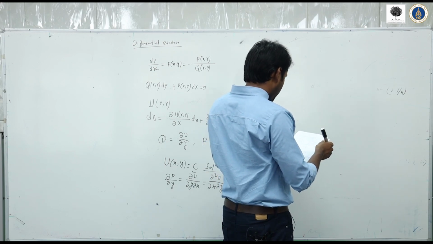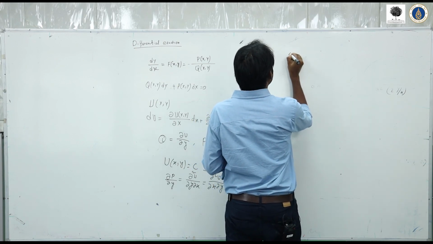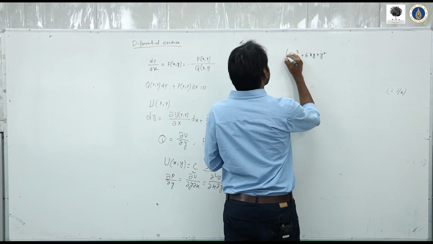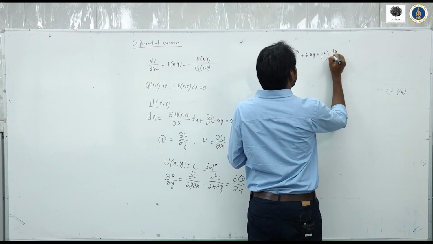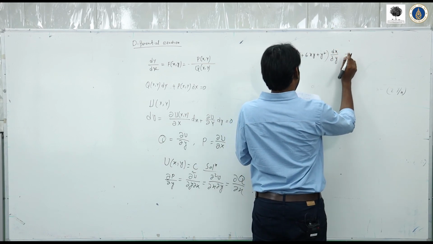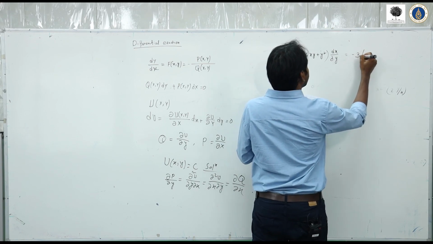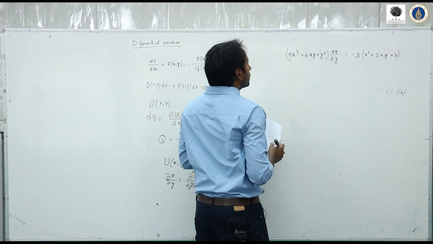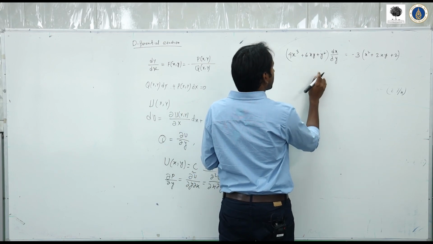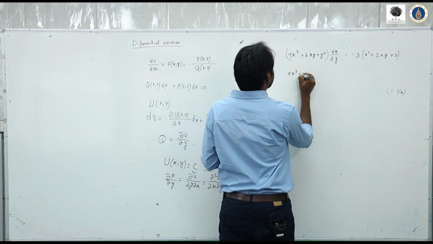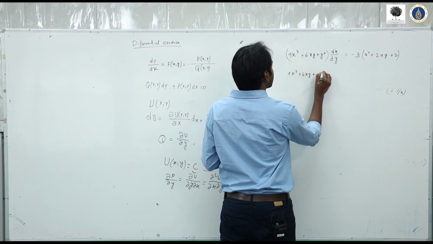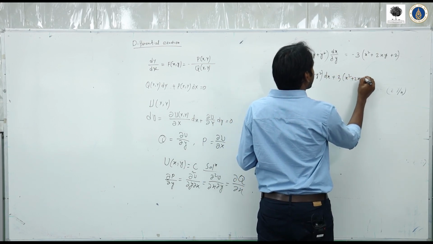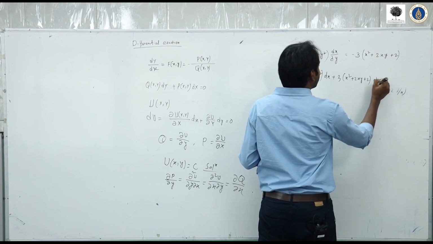So suppose I have this differential equation: 4x cube plus 6xy plus y square dx plus 3x square plus 2xy plus 2 dy equal to 0.